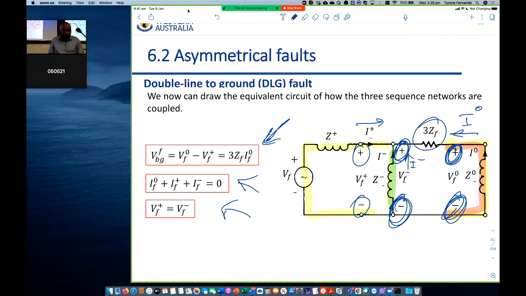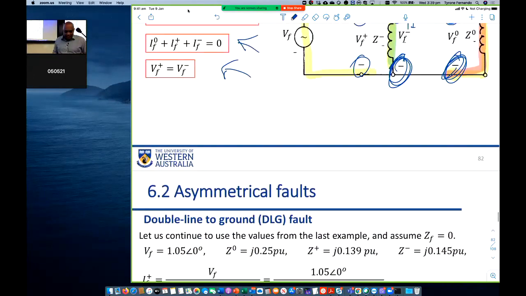So 3 times Zf times I0 flows through that. So you can see those three equations can be satisfied provided we connect the sequence circuits in this way. The derivation of those three circuits I've explained to you. So the key points are this.